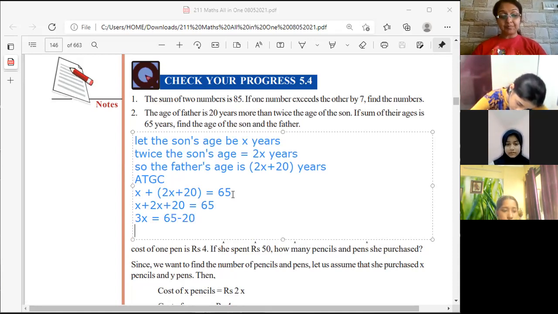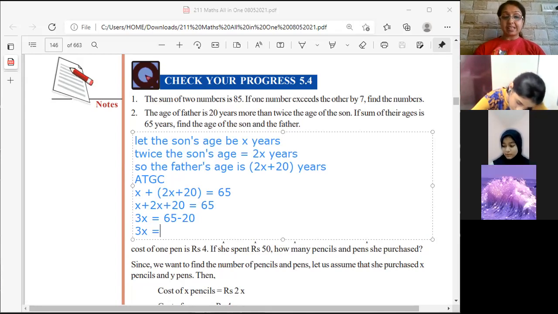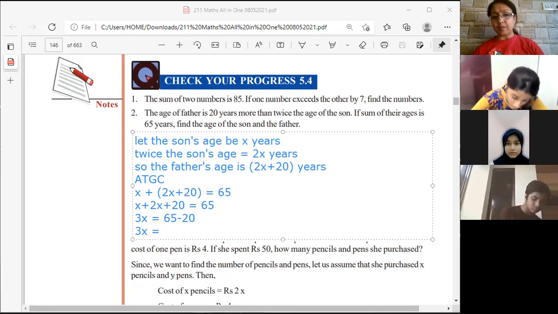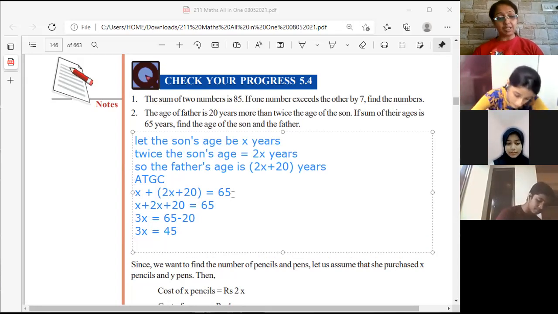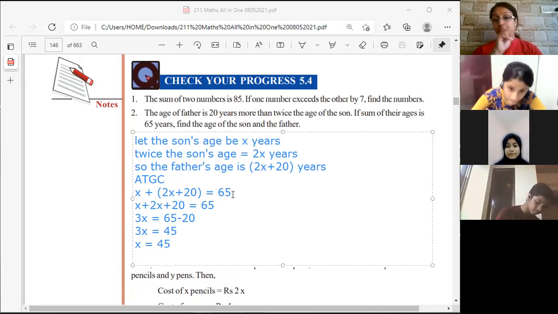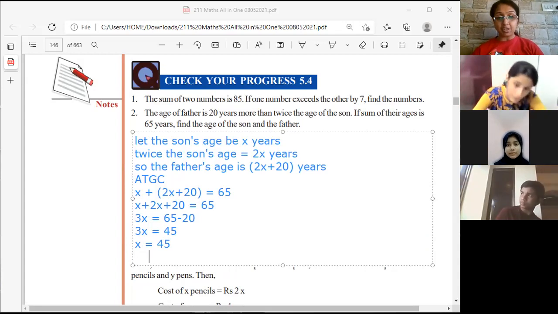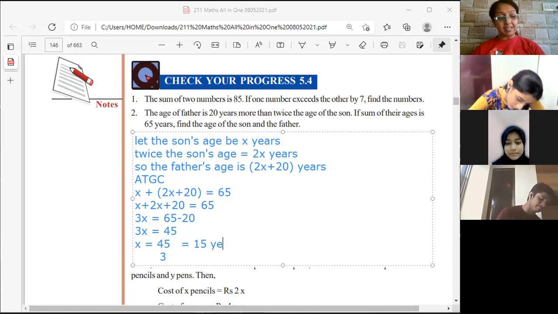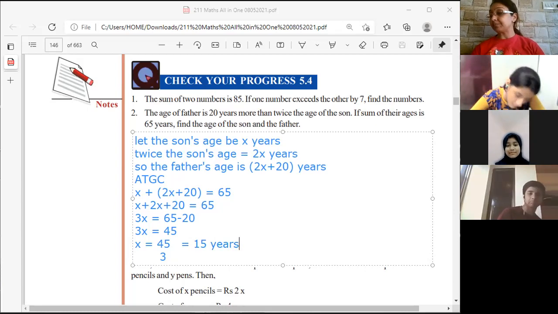So I get 3x is equal to, what is 65 minus 20? 45. So I have x is equal to 45 divided by 3, because 3 is multiplied on the left hand side, and when it comes to the right hand side, it becomes division. Tell me, what is that going to be? 15. Very good. So can I say the son's age is 15 years?